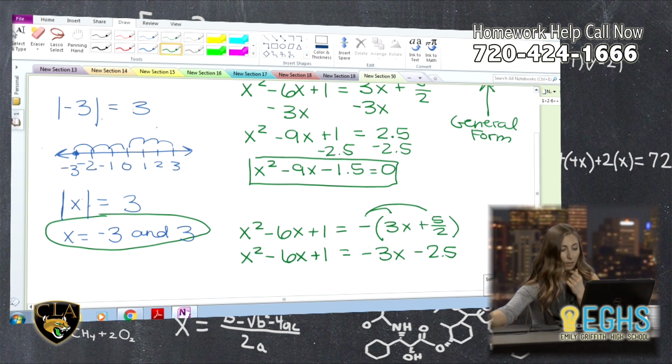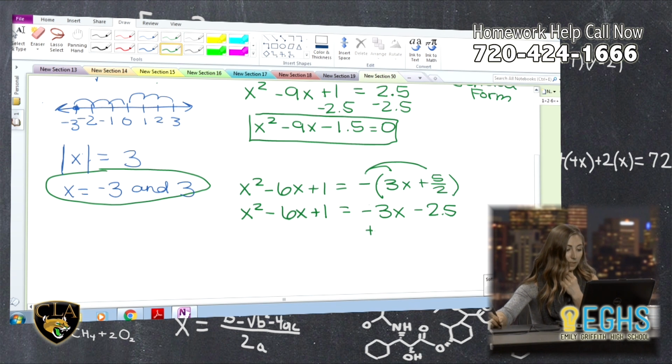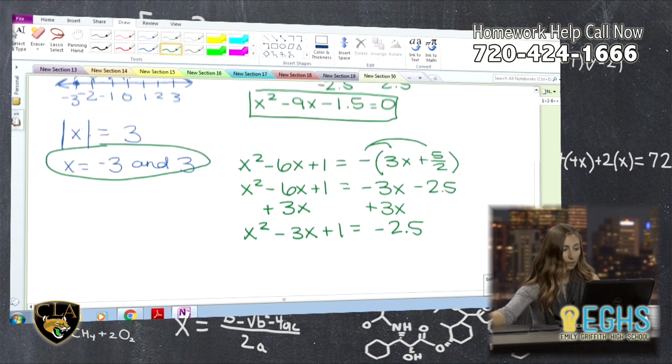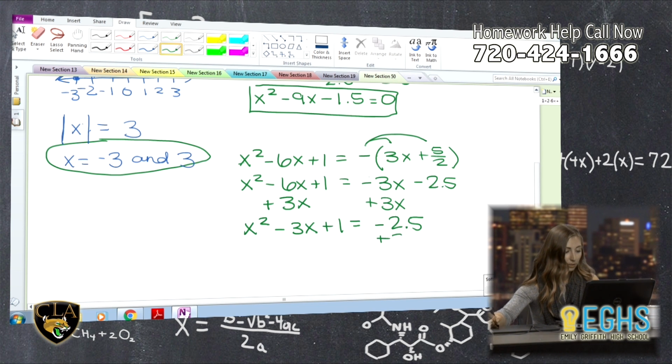And then same thing, I'm going to make this equal to 0 by doing the opposite on my right. I'm going to say plus 3x on both sides. And then plus 3x on this side. So then over here now I have x squared minus 3x plus 1 equals negative 2.5. And then same deal, I'm going to do the opposite here, so plus 2.5, plus 2.5.